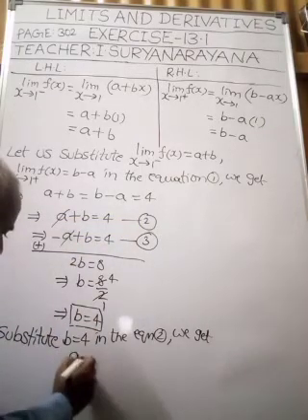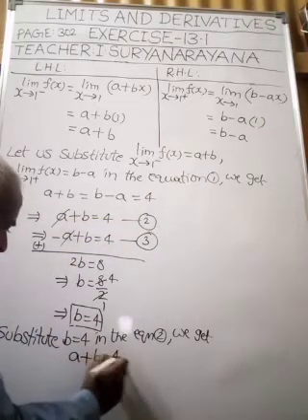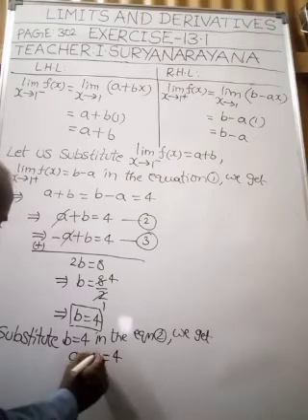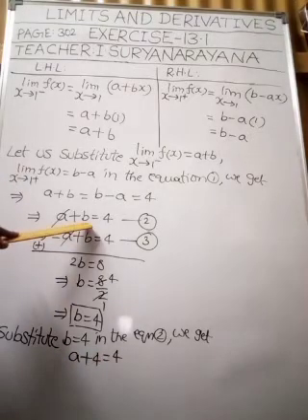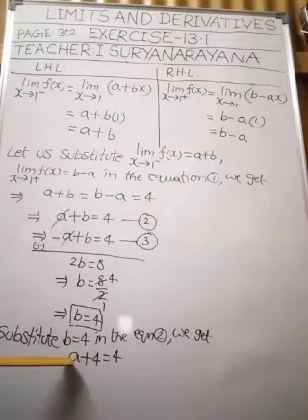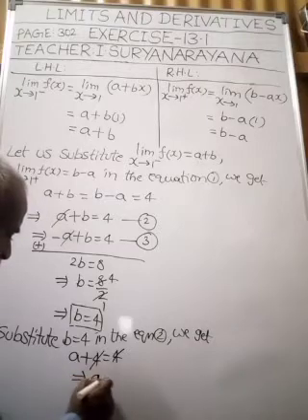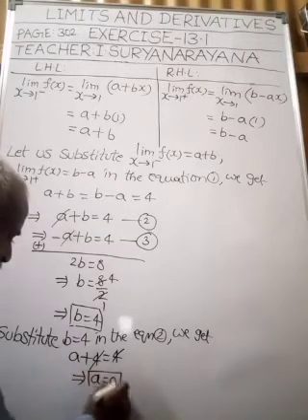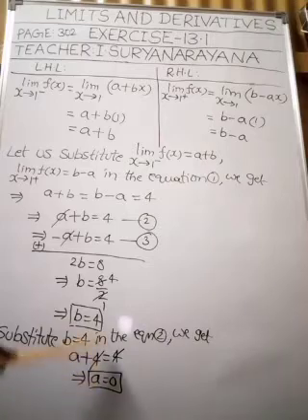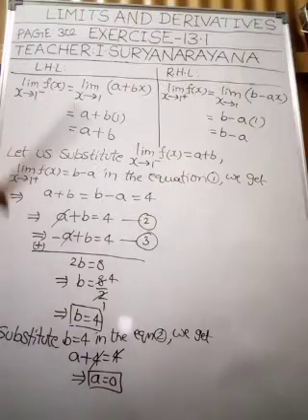So a plus b is equal to 4, this is the second equation. In the place of b I am writing 4. Understood this step, my children? Here 4 gets cancelled. Then what you will get? a is equal to 0. So these are the possible values of a and b, so that as x tends to 1, the limit of f of x is equal to f of 1.